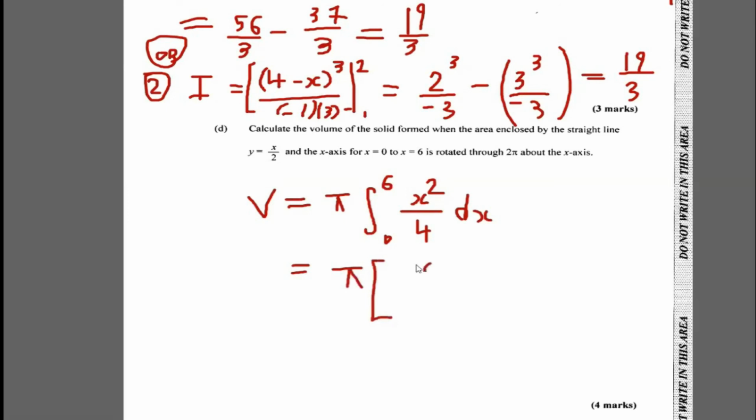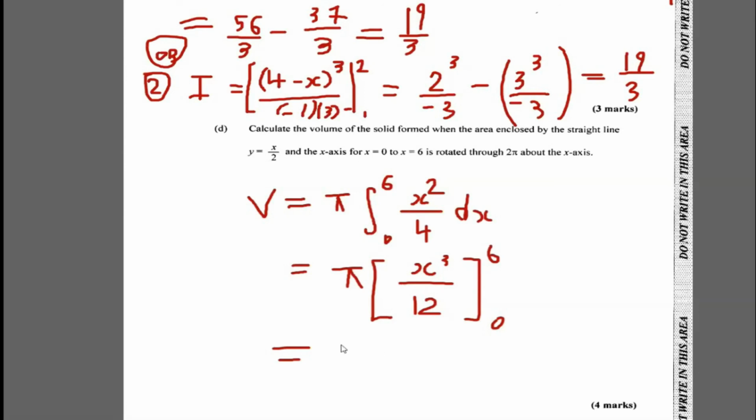So the volume will be equal to pi times the integral of, add 1 to the power to get x cubed, divide by the power 3, but 3 times 4 is 12. And we're going from 0 to 6. We don't even need to put in the 0. We just need to put in the 6. 6 cubed over 12 is 18.